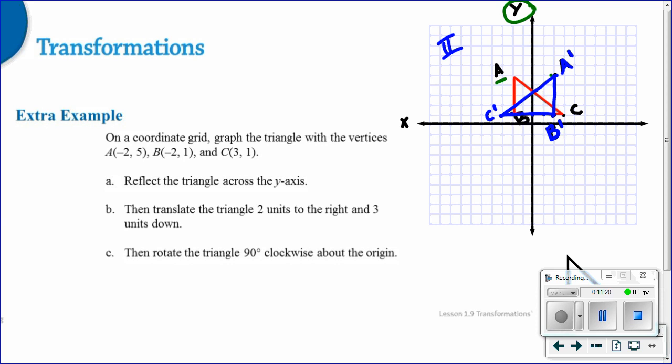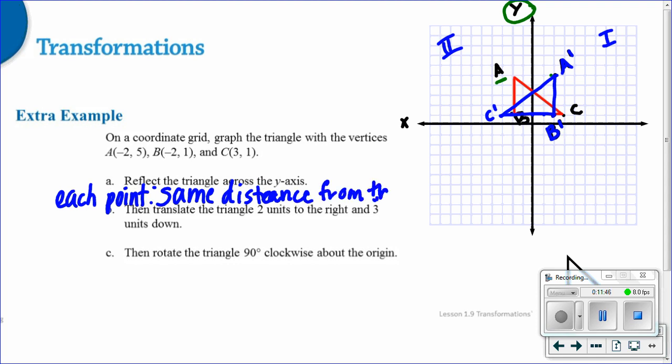When I flip it across that vertical y-axis, it ends up in the first quadrant, and so on. Again, I'm going to write this over here: same distance for each point from the line of reflection.